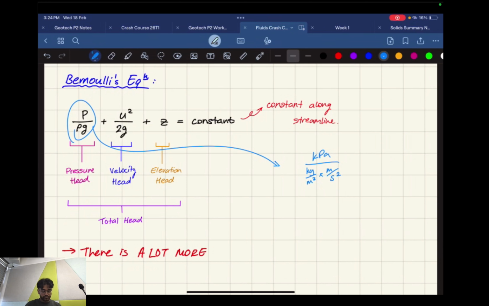First thing we notice, by the way, kPa we can reduce down further because we know that pressure is force over area. Is that true? Yes, that is. So we can say kilonewtons per meter squared, so this is newtons per meter squared.